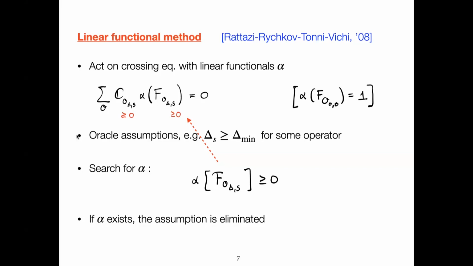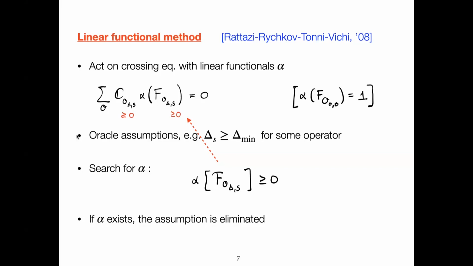Then if you can manage to find such an alpha, you see this equation cannot be satisfied, basically because you have a sum over positive numbers, strictly positive, some of them, and others can be positive or equal to 0. But then obviously this is going to be a strictly positive quantity and you cannot satisfy this equation. That tells you that if you can find this alpha, the assumption is eliminated.